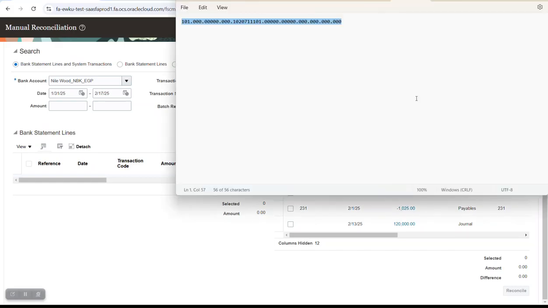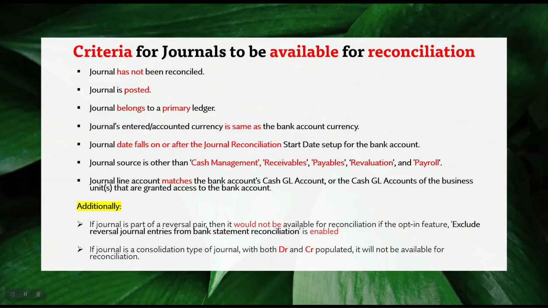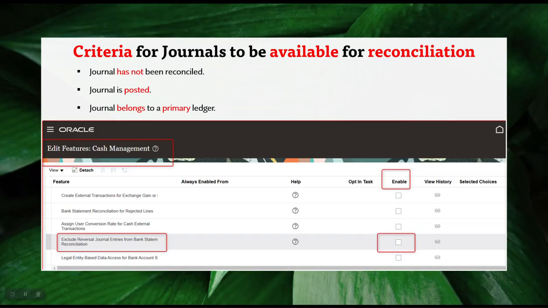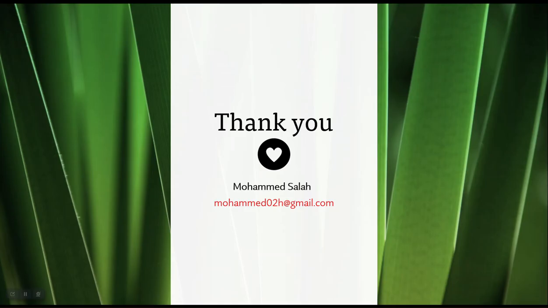I hope now you get the meaning of reconciliation of GL transactions with a bank statement. Take care of these criteria, and also the currency, the dates, the matching rules, and the source, which you enable in the journal source.